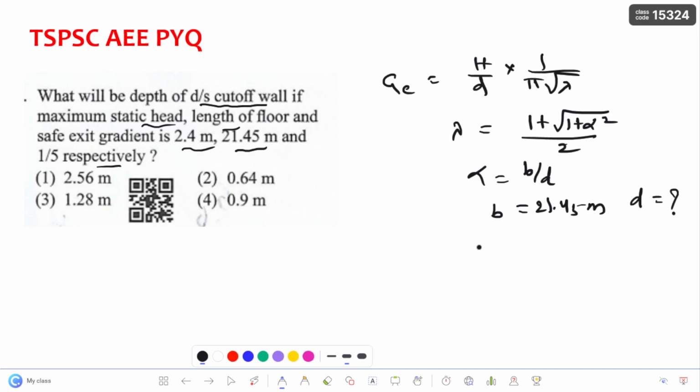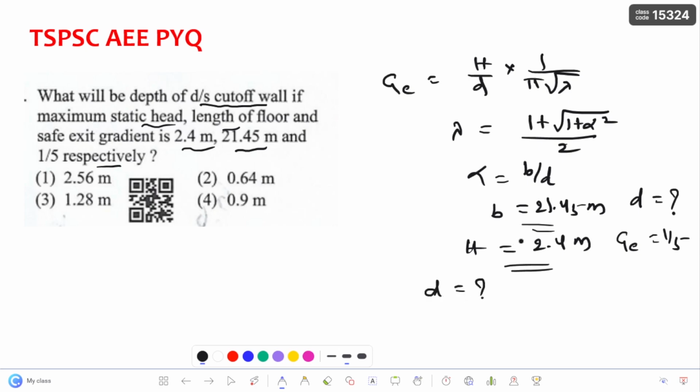H is 2.4 meters and exit gradient GE is 1 by 5. If you substitute all these values in this expression, you will get the d value.